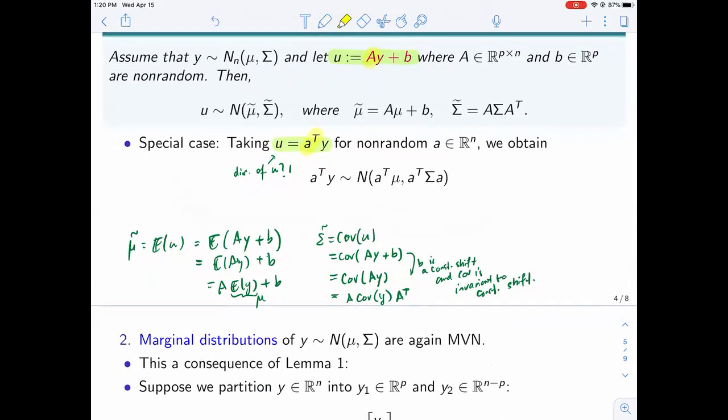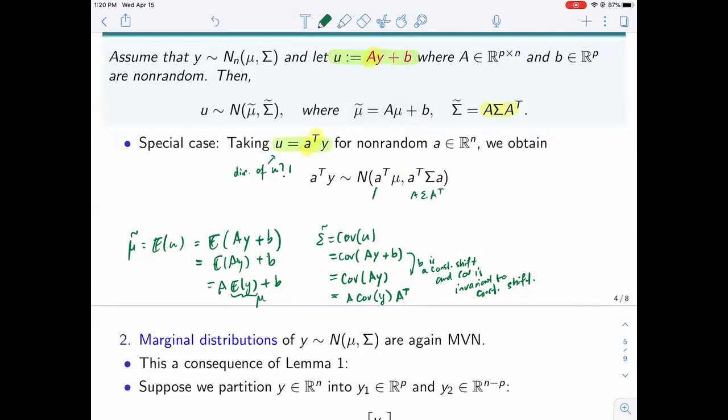So this result is saying that A transpose Y is going to have a multivariate normal distribution with mean A transpose mu. That's just this evaluated with capital A being A transpose and B being 0. And also the covariance, which is this guy with A replaced, so this is just A sigma A transpose.